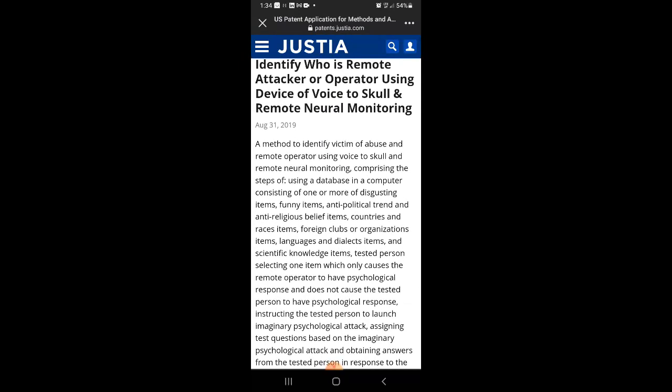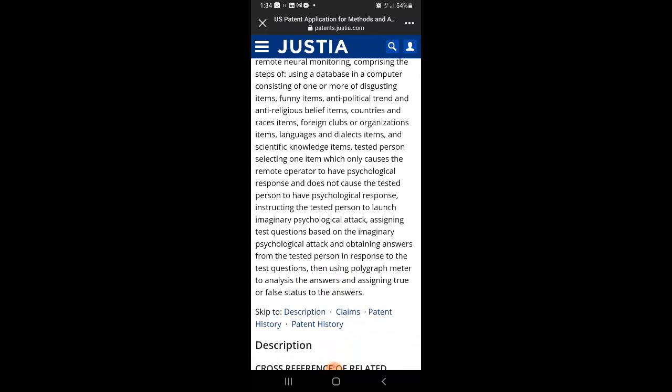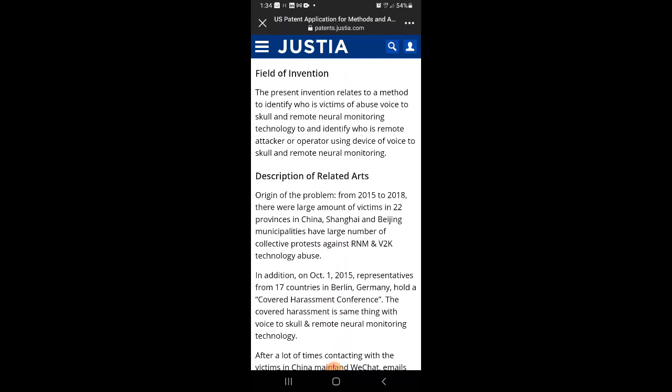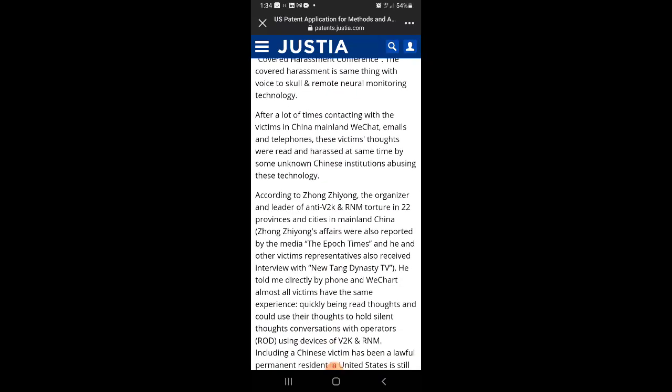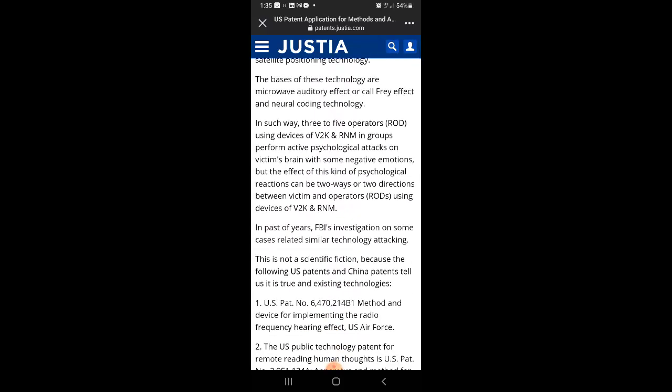Basically what they're doing is they're hooking up a polygraph to you and a polygraph to your op. Whenever you're subjected to a signal, your response should be similar to that of the op.